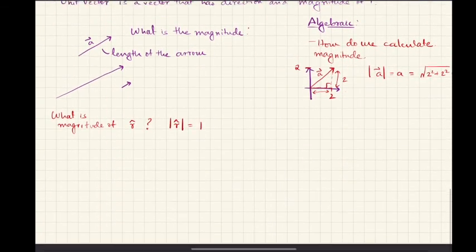So for example, if the location of point 1 is here, and let me just draw a coordinate system. Okay. And the location of point 2 is here, then the first thing we need to figure out is what is the r12 vector. Okay, that is, if I draw a vector from 1 to 2, what is it?